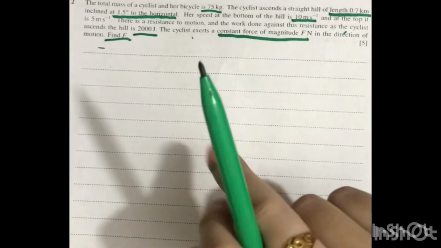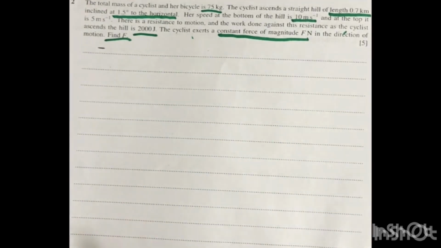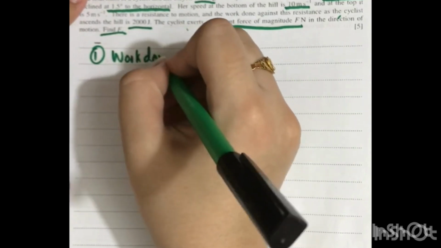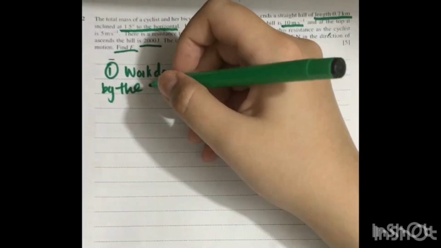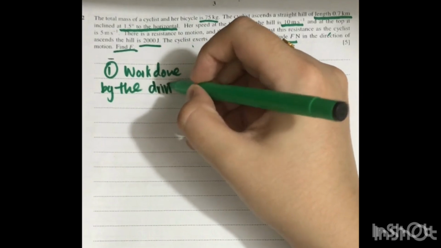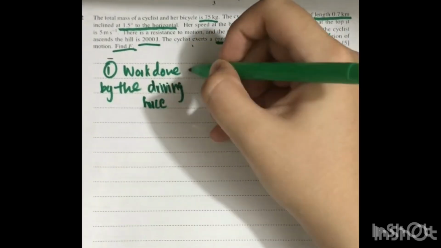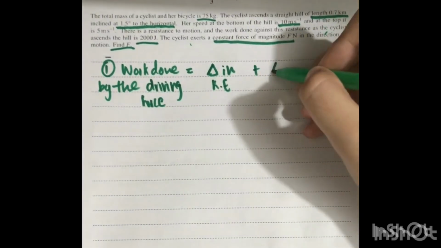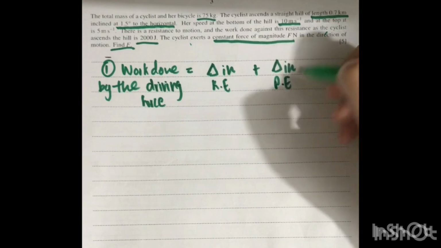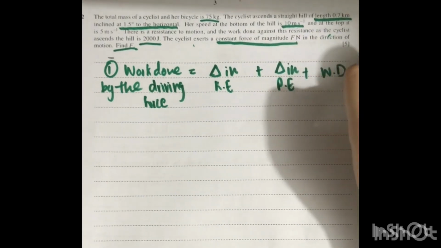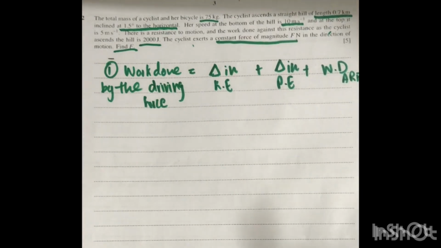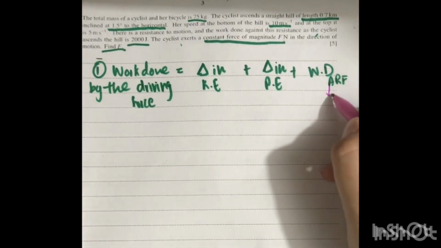Since they've already given us the work done against the resistive force, which is part of the formula, I will use the work power energy formula, which is work done by the driving force is equal to the change in kinetic energy plus the change in potential energy plus the work done against the resistive force. In the question, they've given us the work done against resistive force as 2000 joules.